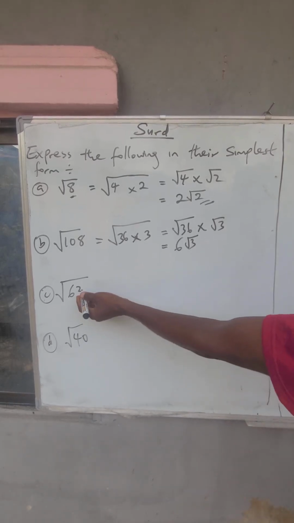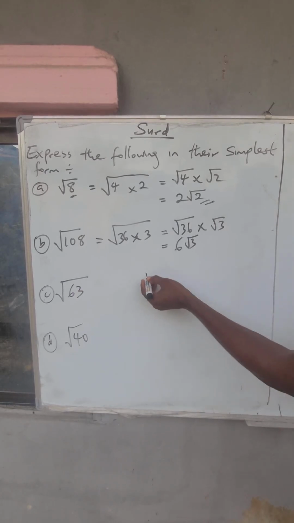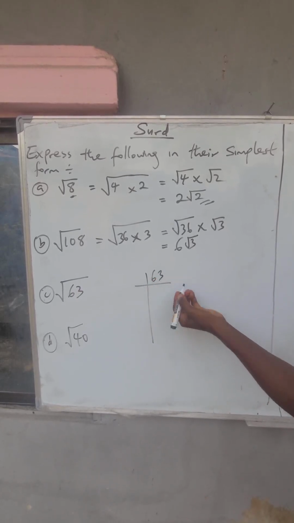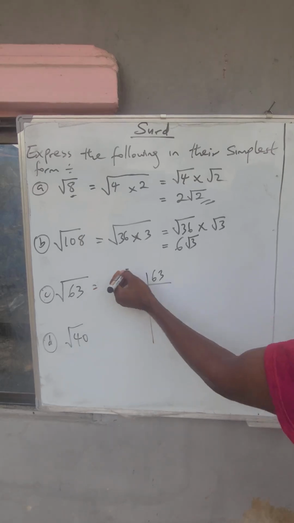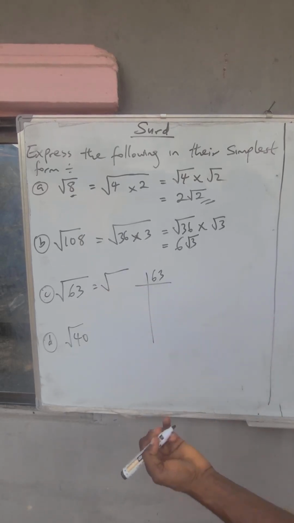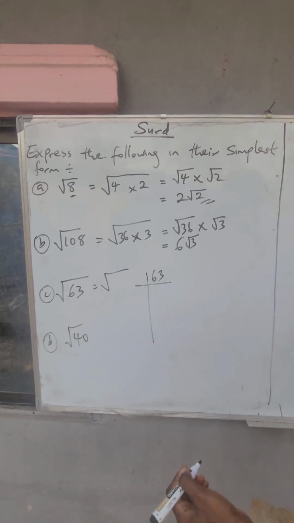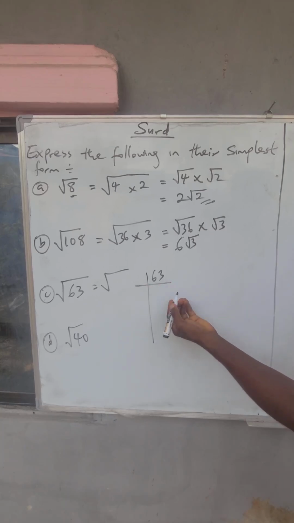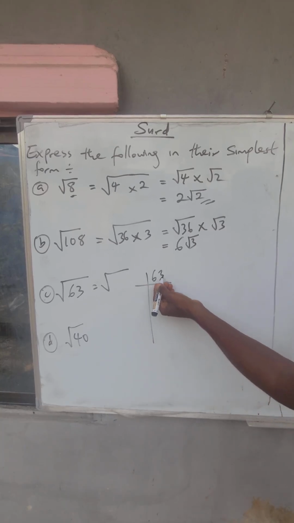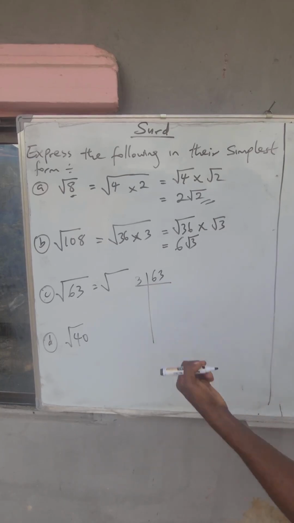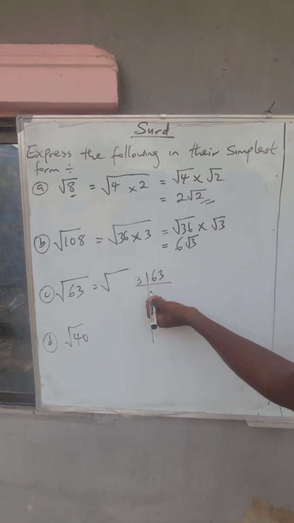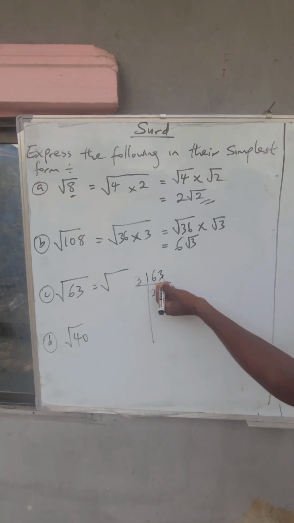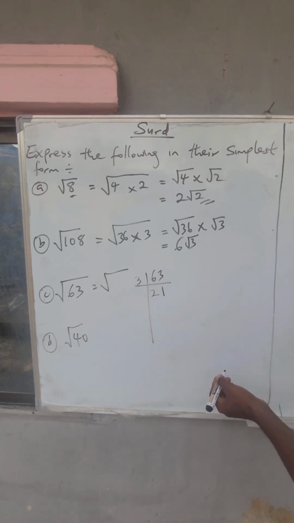Right, so let's continue. Now you have 63. Let's divide it so that we can have a perfect square multiplying another number that will give me 63. We divide by 3, because 2 can't divide this without a remainder. 3 into 6 you have 2, 3 into 3 you have 1, so that's 21.